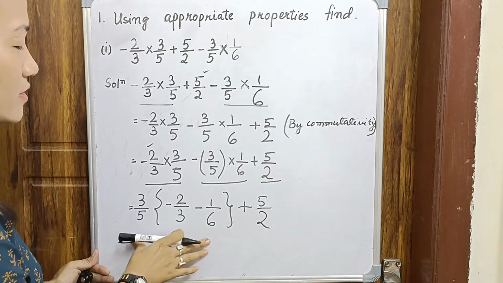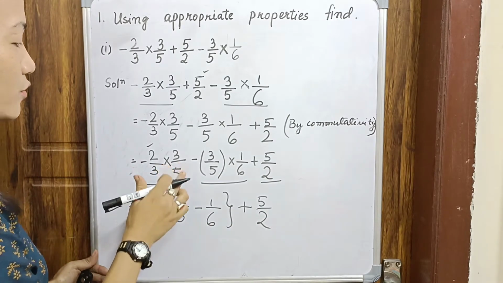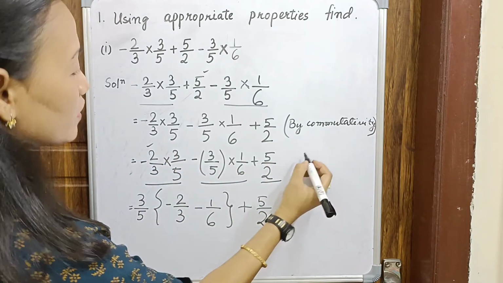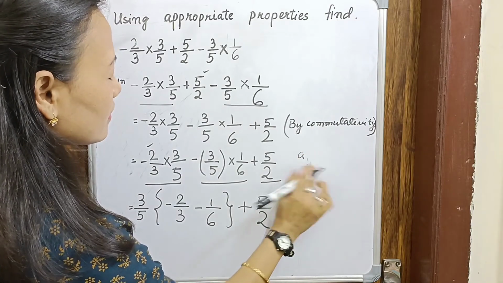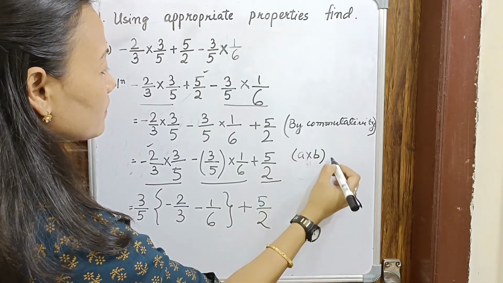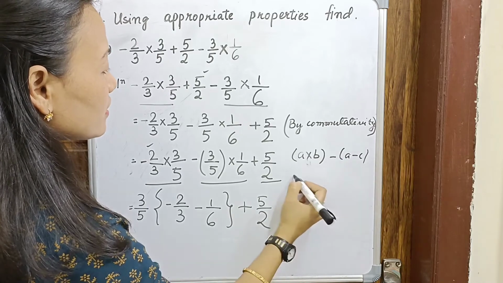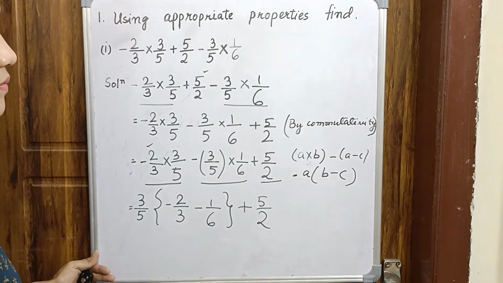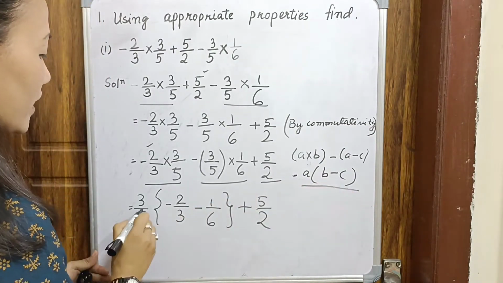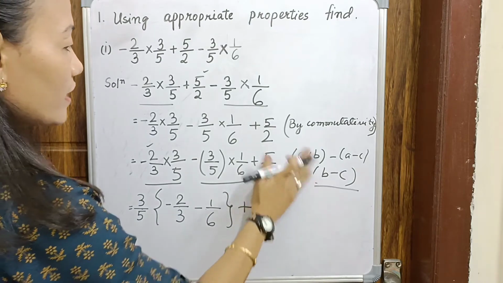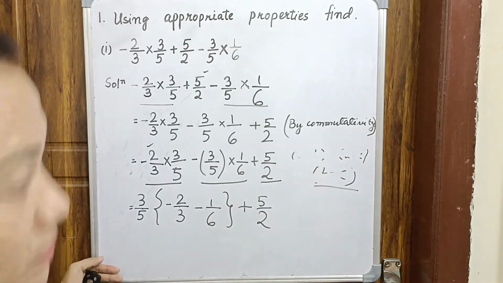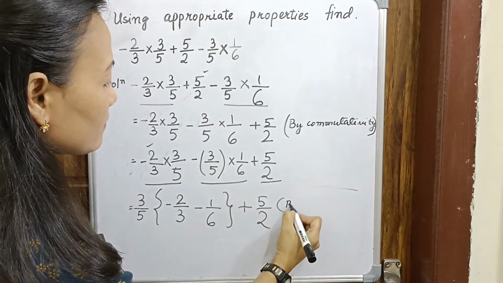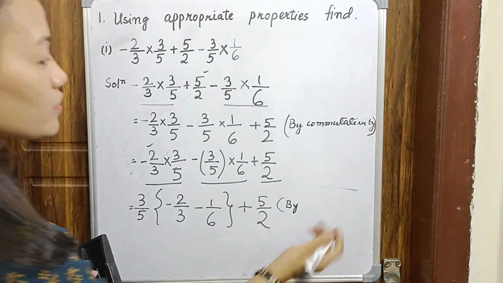This is by applying the distributive property, where a into b minus a into c equals a into b minus c. So this is in this way a into b minus c. So we'll write here "by distributivity", that is, by applying the distributive property.